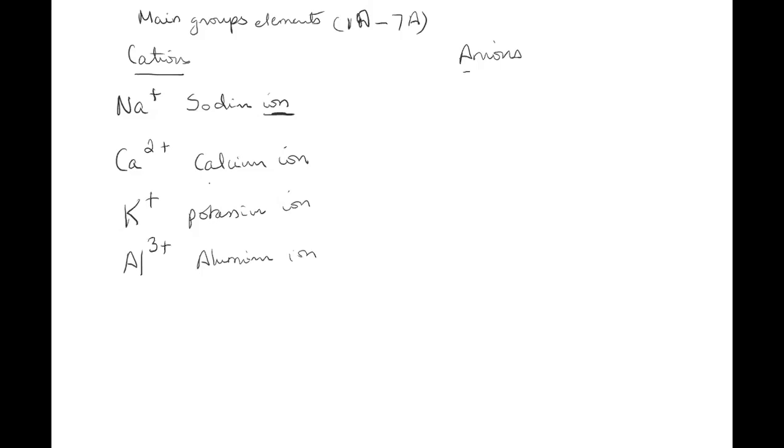With anions, what I did with the chlorine/chloride is how we name anions in the main group elements. And basically what we do is we're going to use the suffix "ide." Okay, so the element chlorine is in group 7A. It gains 1 electron and it forms the chloride. So chlorine becomes chloride.